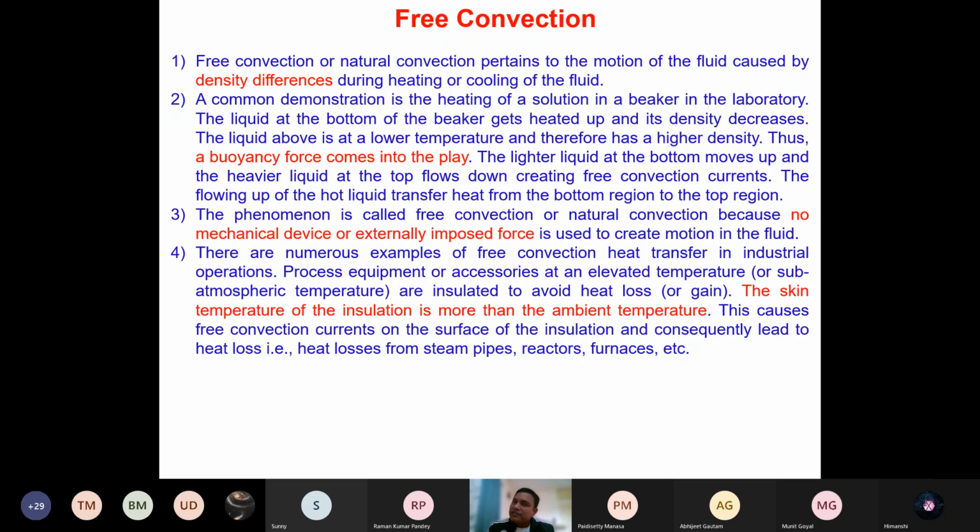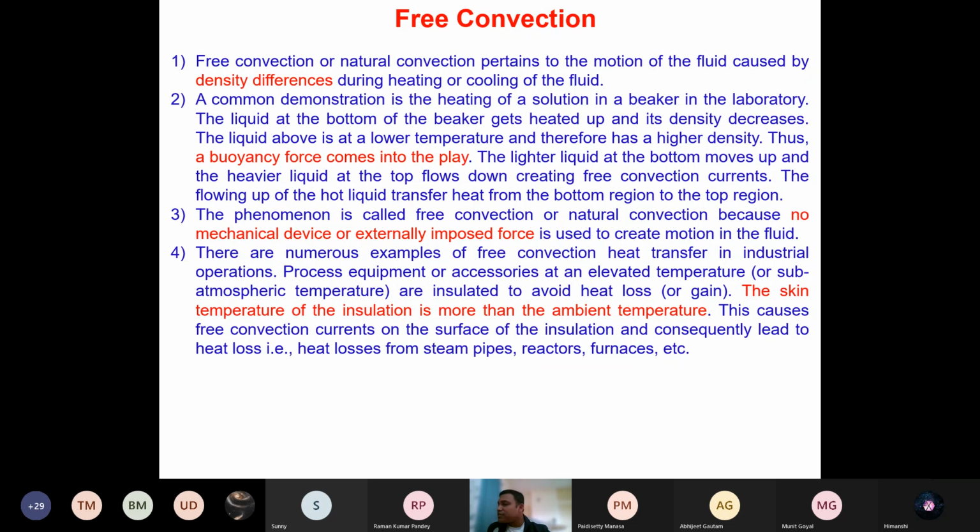So natural convection is extremely important in process applications. Why? Because if you visit any typical chemical industry, you will see that several steam pipes or flow stream pipes are insulated, primarily because you don't want them to lose heat to the ambient.